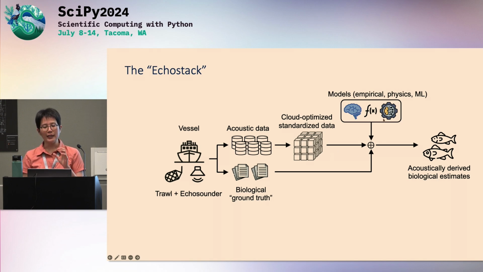And we make it easy to plug in different types of acoustic models, whether empirical models, physics-based models, or machine learning models, and combine those with biological ground truth for the biological estimates. In order to do this, we split this workflow into multiple packages. And I hope in the next few slides I can show you why we did this.